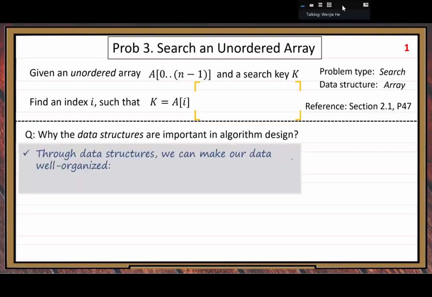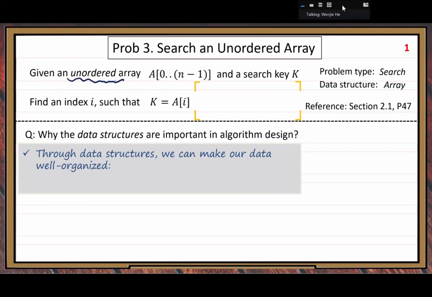Going back. Now, through data structures, we can make our data well organized. When you need to find your data, you can do it in a fast way. For example, here we store the data in an unordered array.